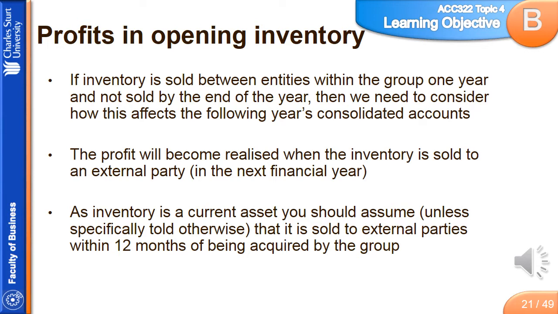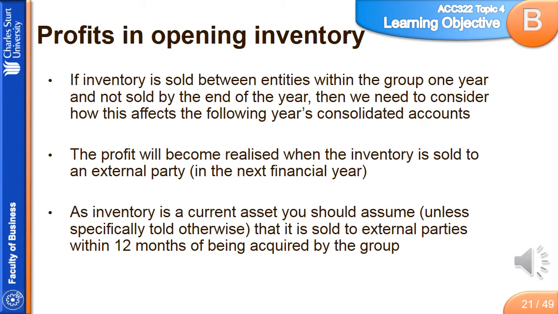And we can assume that the profit will become realized when the inventory is sold to the external party in the next year, because inventory is a current asset, and unless specifically told otherwise, it should be sold within 12 months of being acquired by the group.